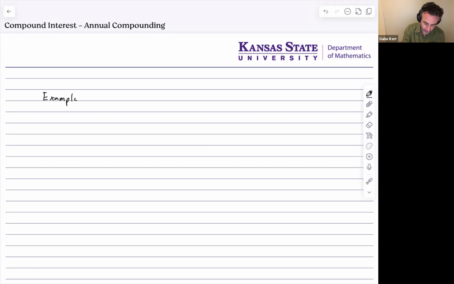So we have an example here, and this example will be a person, say a student, who invests or puts $10,000 in the bank, and the bank has an annual interest rate, an annual percentage rate, APR, remember that's annual percentage rate, of 5%.